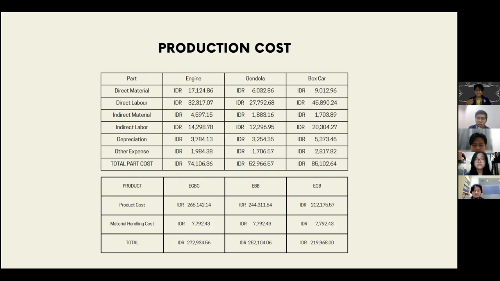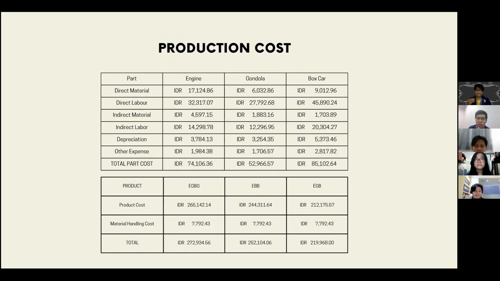And then after we got the cost of each part of the engine, gondola, and boxcar, we have to combine it. For example, EGBG, which consists of one engine, two gondola, and one boxcar. And then after we got the product cost of each product, we have to sum it up with the material handling cost that we have shown before.